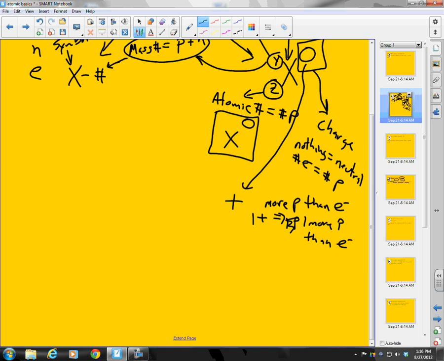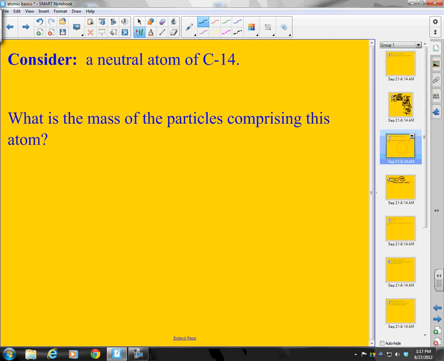Good. If it's a 2 plus, that means there are 2 more protons than electrons. Good. Now what if it's a negative? Negative means it has a negative charge. The negative things are electrons, so that means I have more electrons than protons. And I think you understand the whole process here. So I think that's all we need to answer this question.